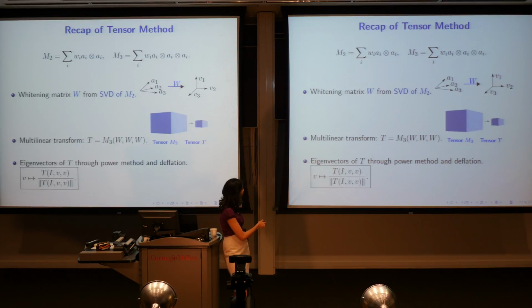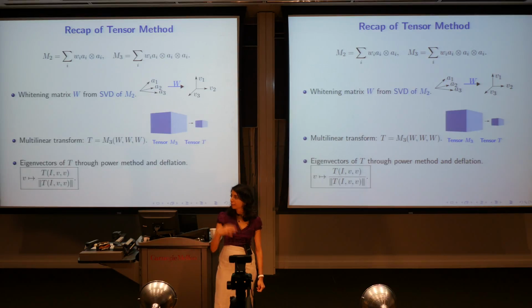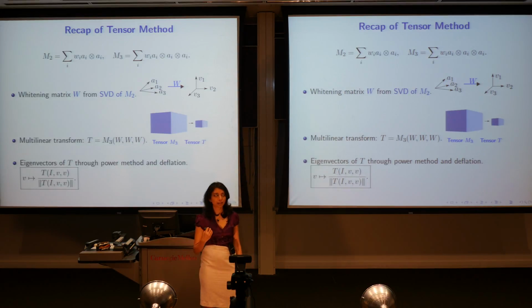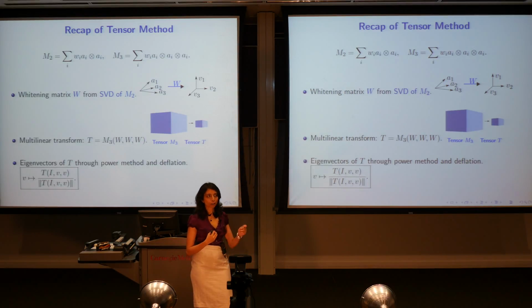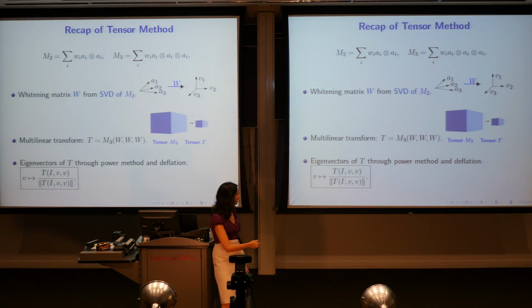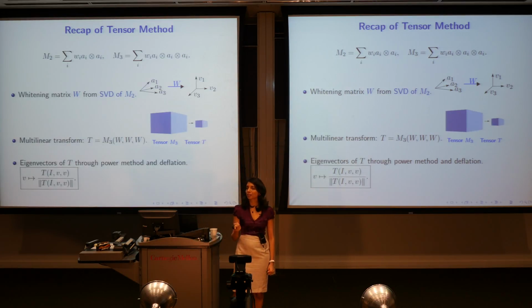Right? And once I had this, I changed this original tensor to this new tensor T, which is only in k dimensions, and also has an orthogonal form. Right? So we knew that the different components of this tensor were orthogonal to one another. And then we employed this power method to find these eigenvectors.